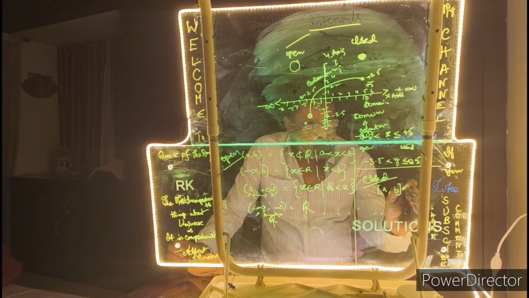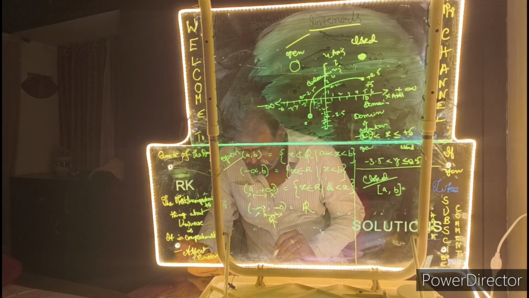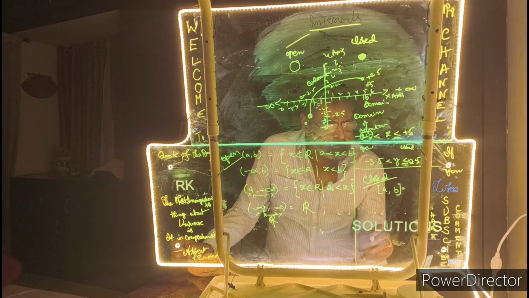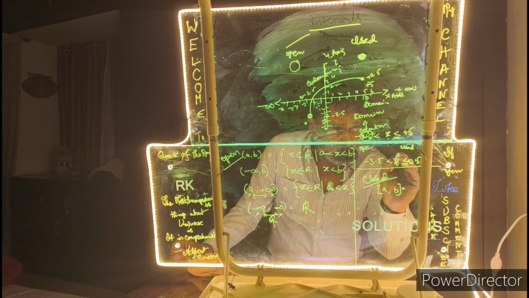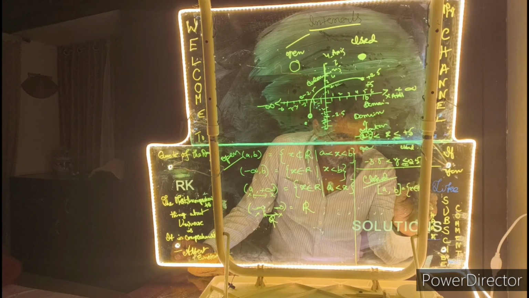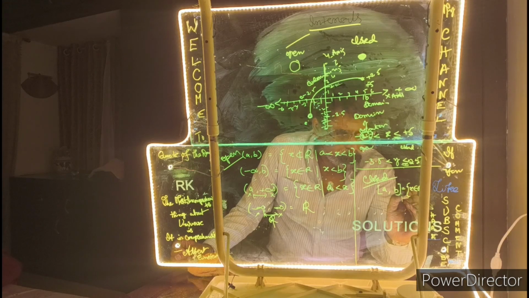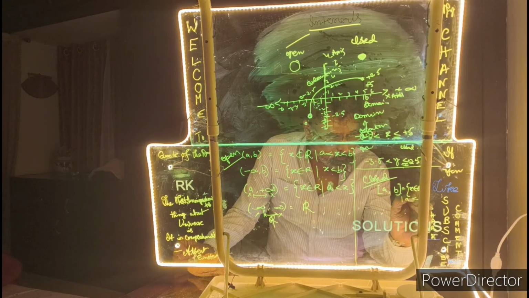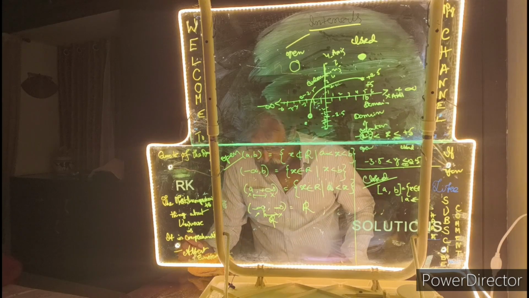So how can we express this as we have already seen here? The only difference would be this equals. So it is the set x belonging to R such that a is less than or equal to x less than or equal to b.